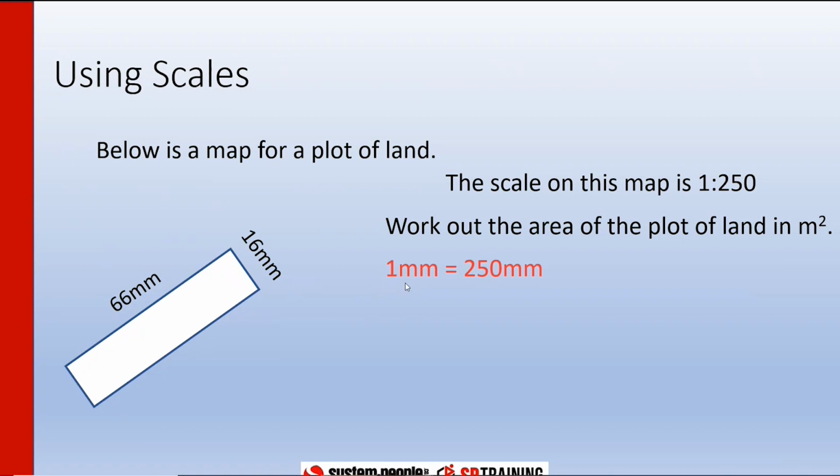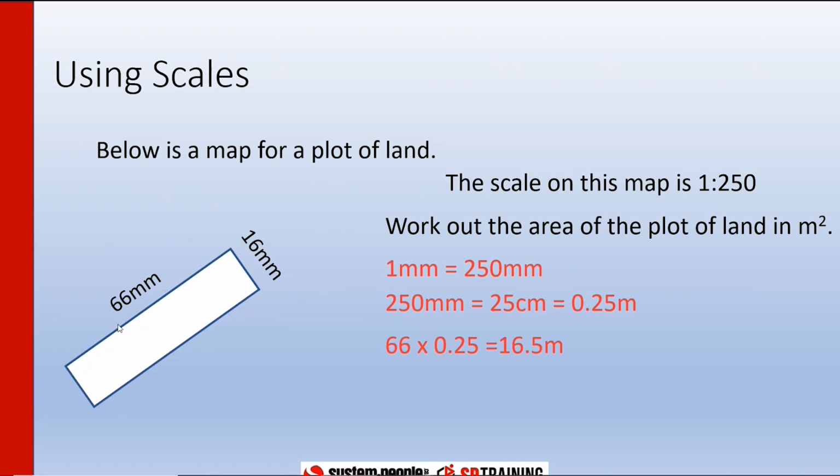So we work out 1 millimeter is 250 millimeters. Okay, keep the units the same. 250 millimeters is 25 centimeters, or 0.25 of a meter. So every millimeter is worth 0.25 of a meter.